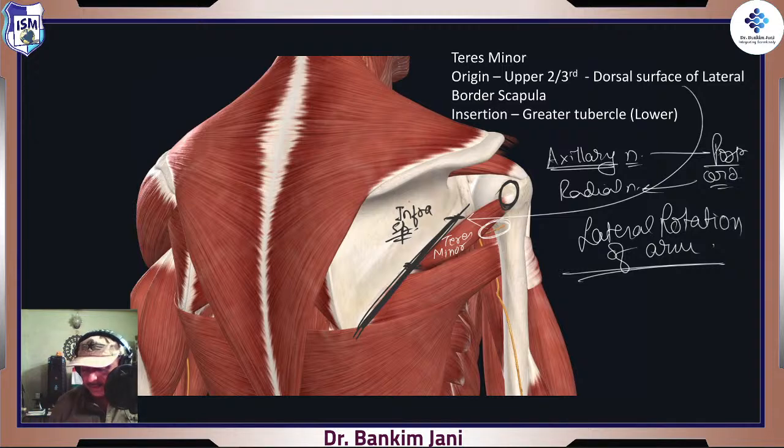So these things should go like a sequence. Gradually it would happen. It will not only create a picture, but at the same time, you will never forget. And where is this nerve? Here is this nerve. It is going posteriorly, and this is that groove. Tomorrow we'll be dealing only with bones. Tomorrow we'll be watching only osteology.